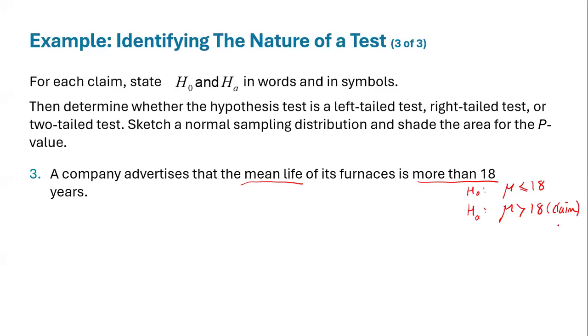When I see the greater than in the alternative, I know that I have a right tail test. So this area is my p-value. How do we find the area? Looking at the z-table, looking at the t-table.